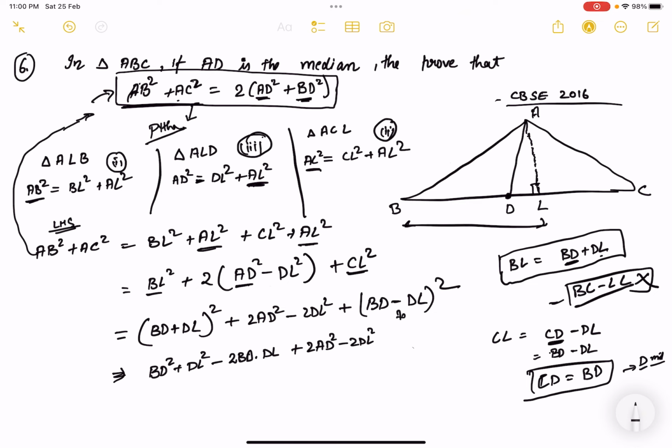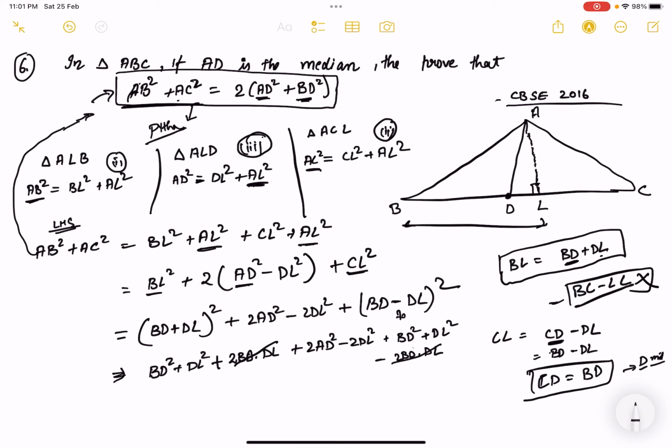Then opening this, we'll have plus BD square plus DL square, then plus 2BD into DL. So this got cancelled.